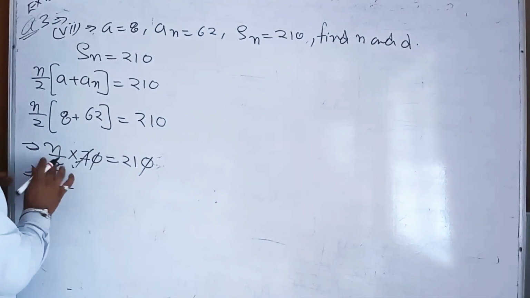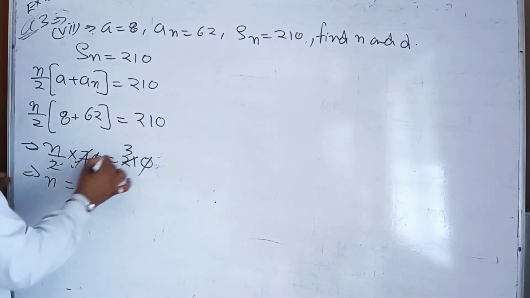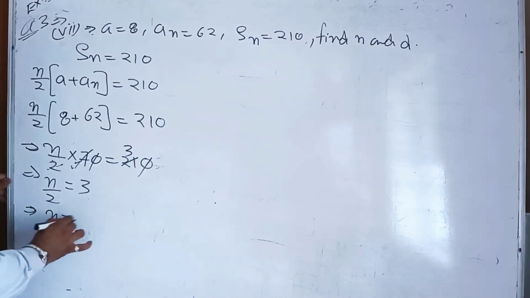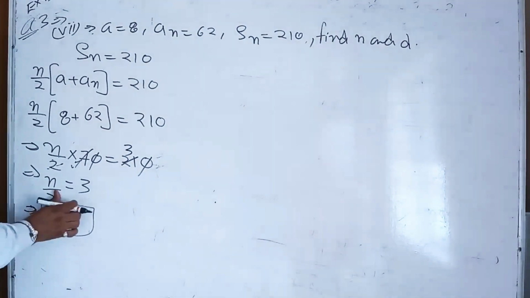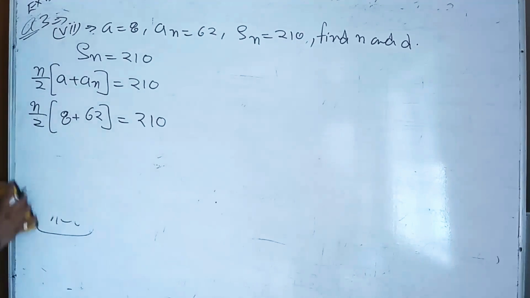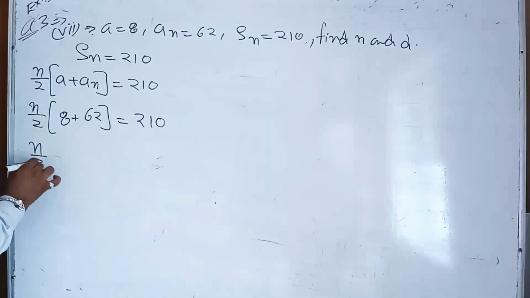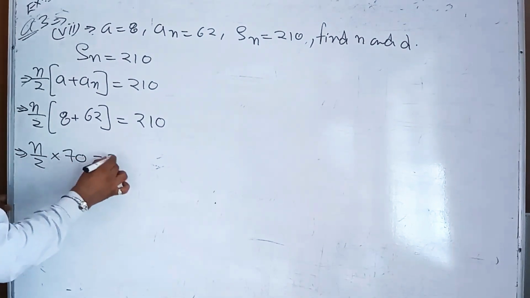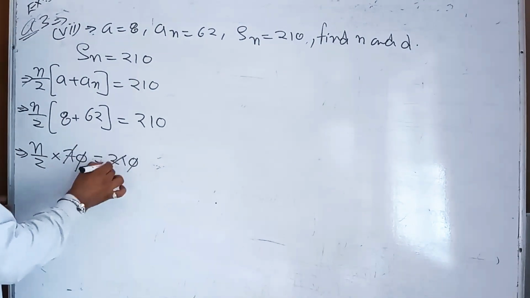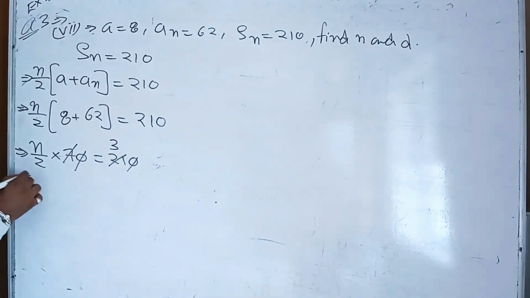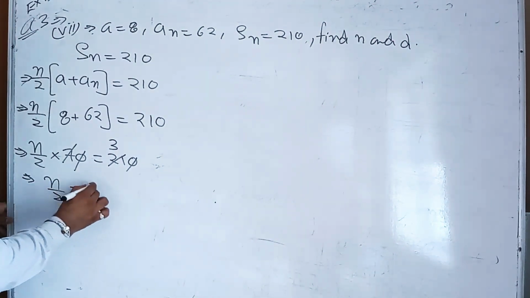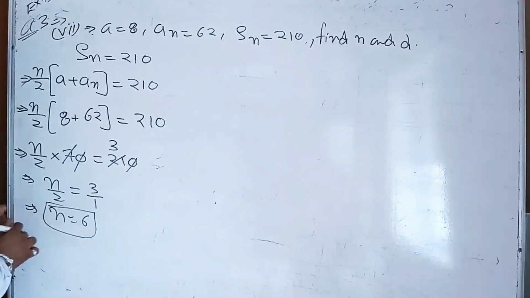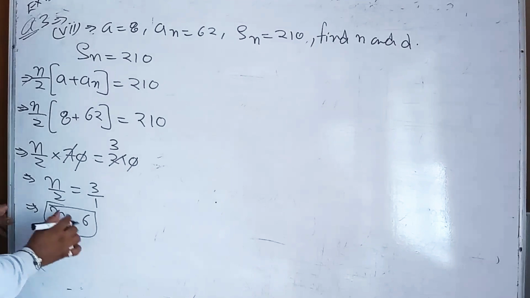The 2 cancels with the 7 and the 3 remains, so n/2 = 3, so n = 6 students. If we do the calculation again, n/2 into 70 is 210. The 0 cancels with the 0, 7 cancels with 210, giving 3. That is n/2 = 3/1, then n = 6. So here n is equal to 6.